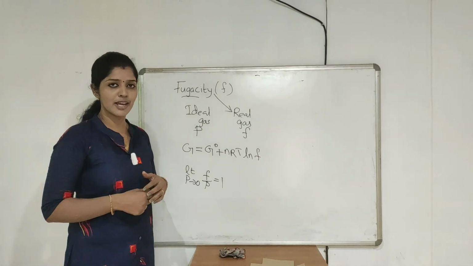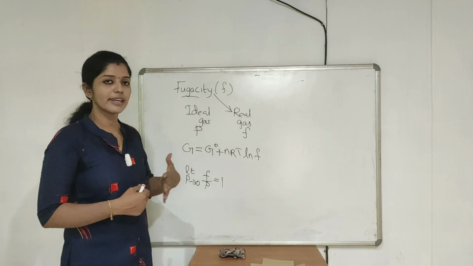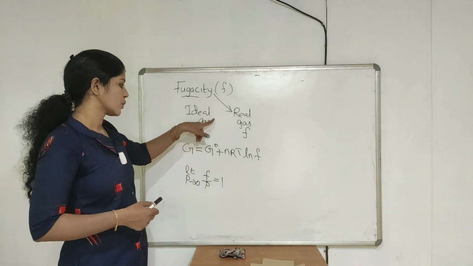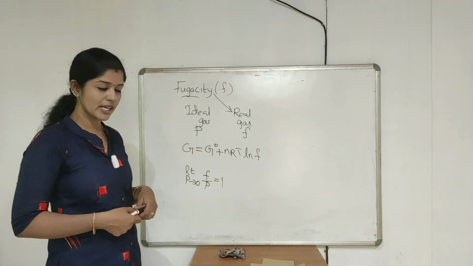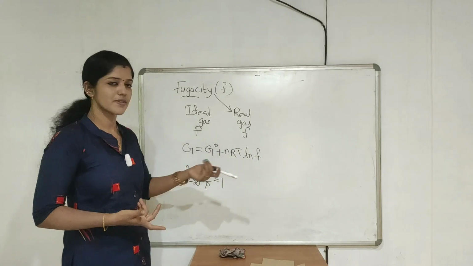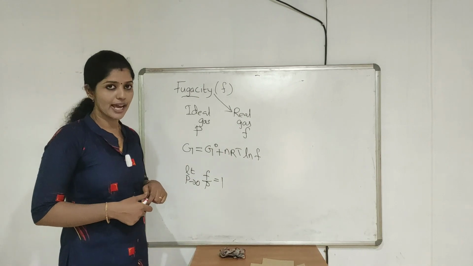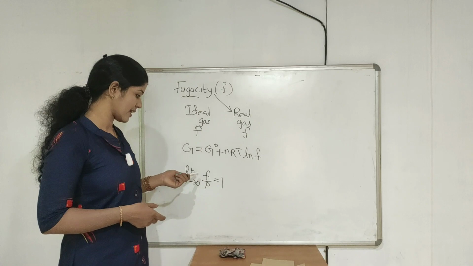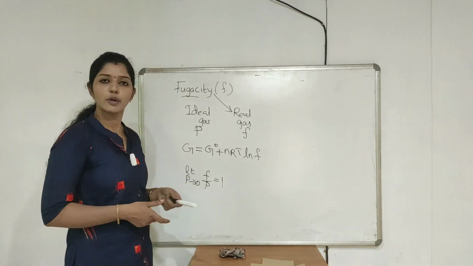So what is fugacity? It is the pressure of a real gas. For a real gas, we represent the pressure with the term fugacity F. How do we find fugacity? It is calculated using the equation G is equal to G0 plus nRT ln F. All the terms are familiar, no need to explain again. Or one more mathematical equation is available for fugacity: limit P tends to 0, F by P is equal to 1.